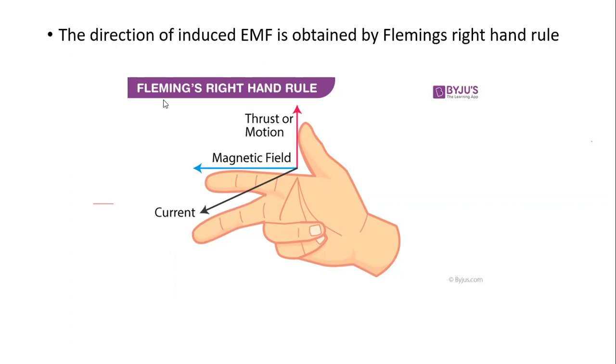By using this Fleming's right hand rule, we can determine the direction of the induced EMF. Hold the right hand like this, with the thumb, forefinger and middle finger perpendicular to each other.